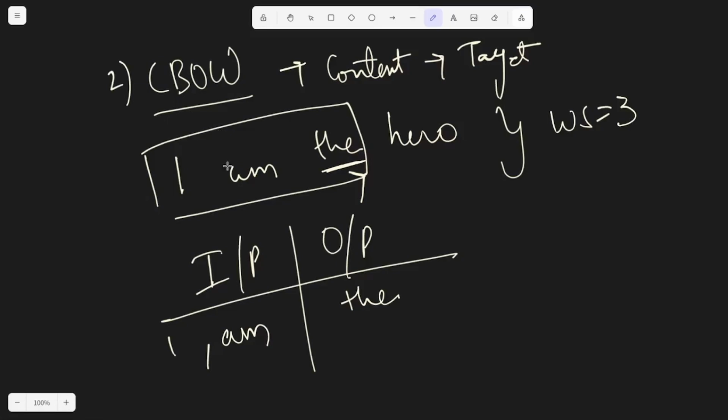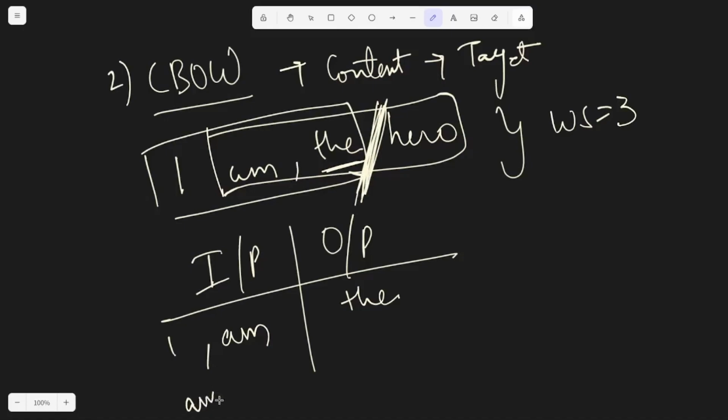Similarly, you would go on to the next window. That would be this one. I'm so sorry it's getting ugly in here, but what we would do is take the word "am" as the input and ask the neural network to predict the word "hero." So this is the intuition behind a continuous bag of words.